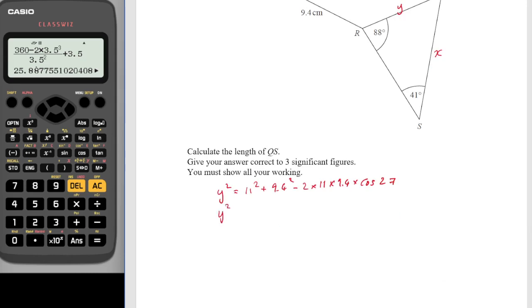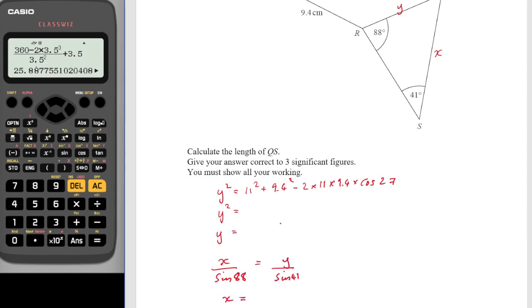I will write down that value in a little while, but then I'm going to look at x. So x over sine 88 is going to be equal to y over sine of 41.